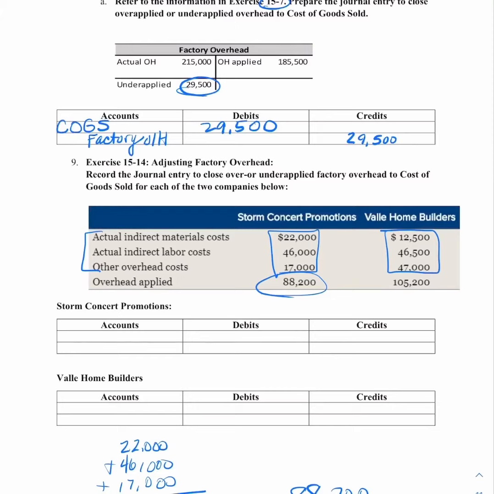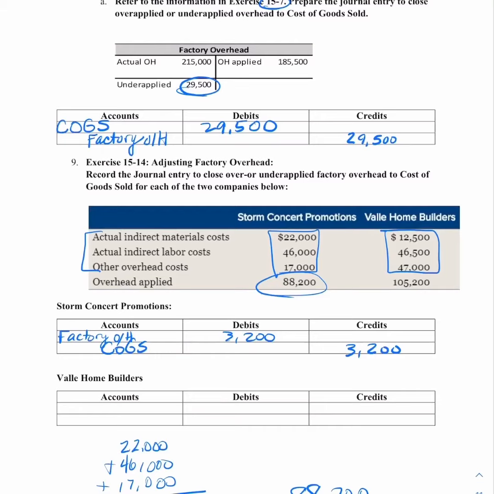Since applied is greater than actual, we over applied overhead. So the way that we're going to do this is we are going to debit the factory overhead account for $3,200, and we will credit the cost of goods sold account for $3,200.